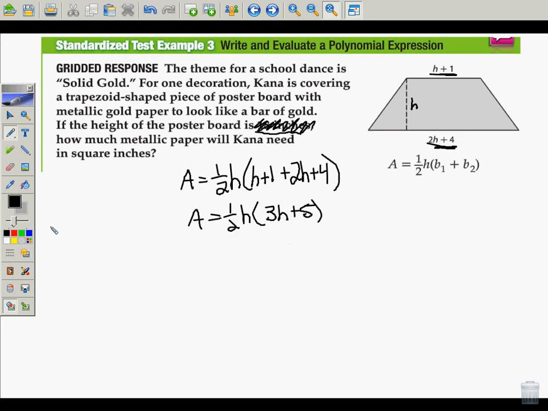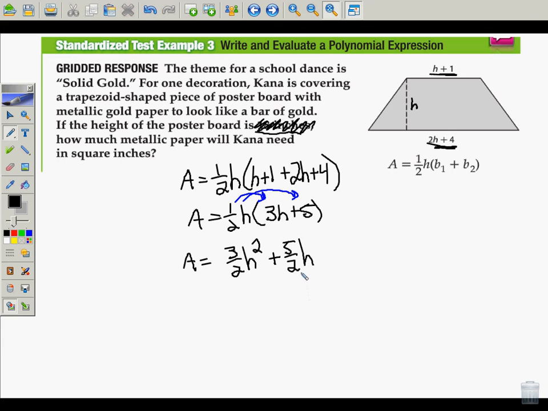Notice here we're just going to distribute this 1/2 h to each thing in parentheses. So I get area equals 3/2 h squared plus 5/2 h. And then we're done. We've simplified it all the way.